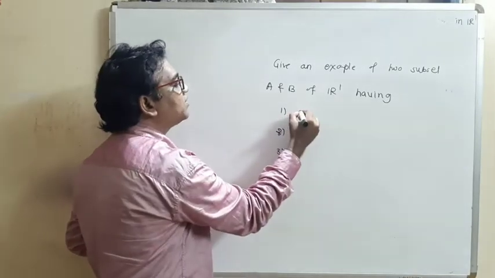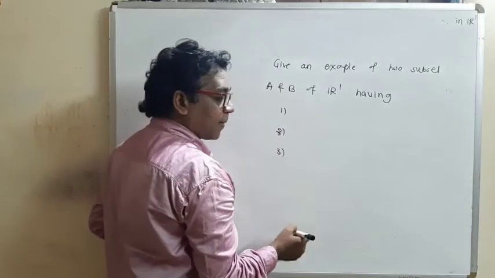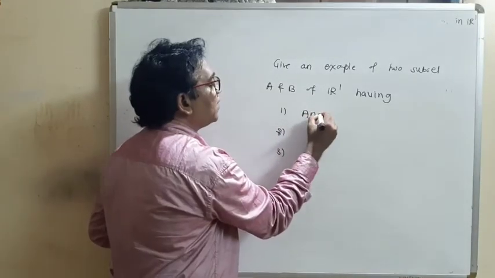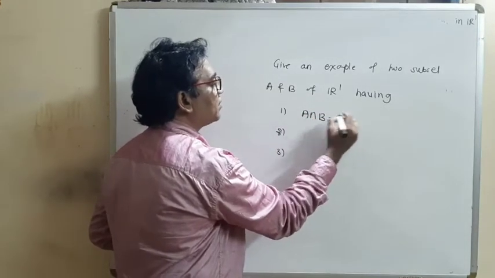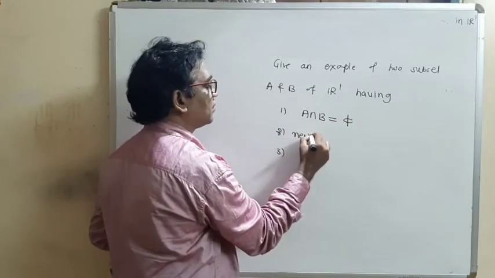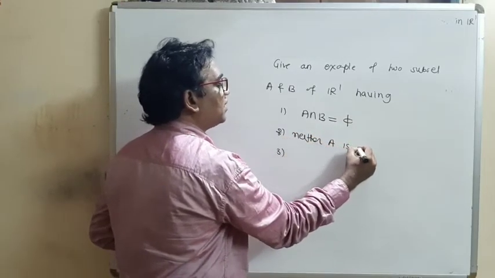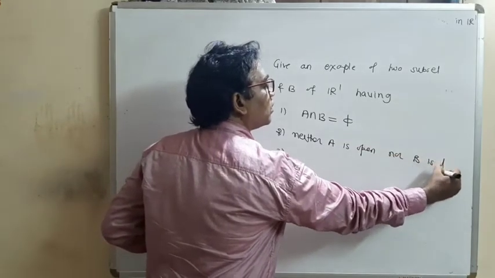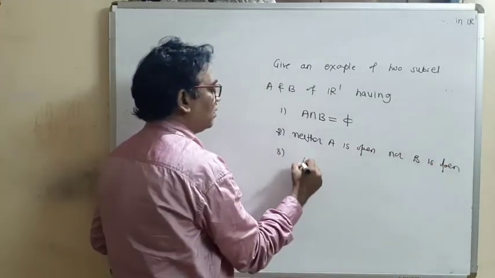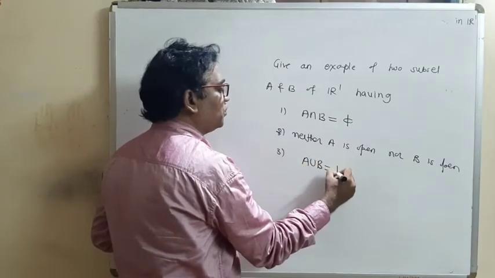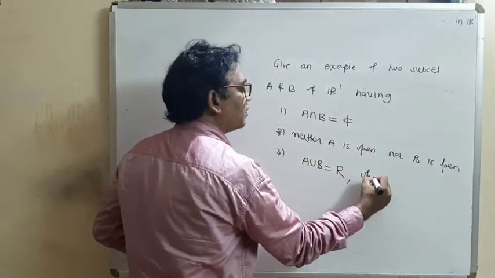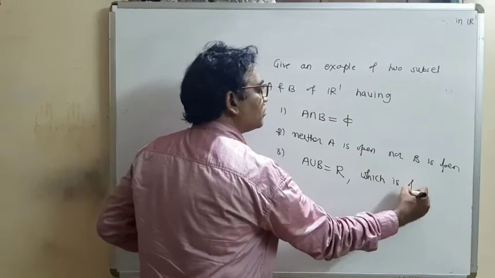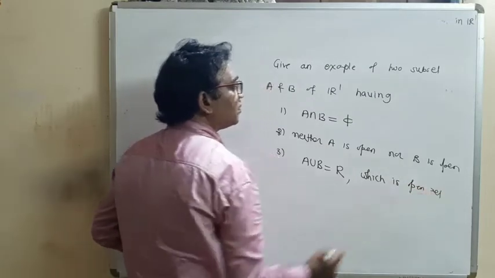What is the first condition? Their intersection is empty. Neither A is open nor B is open. And their union will be R, which is an open set.